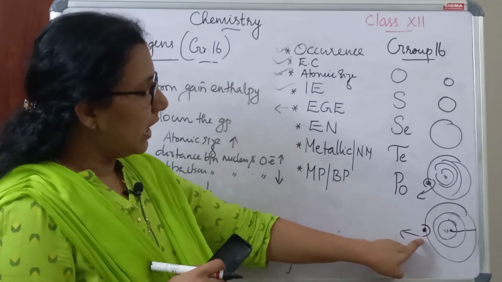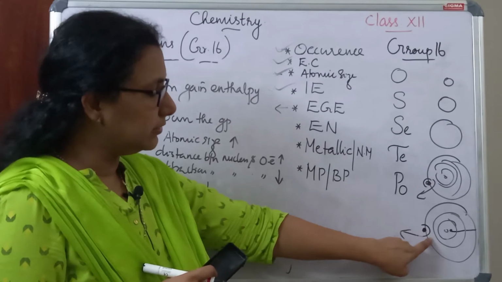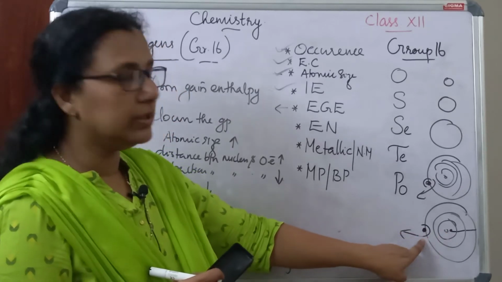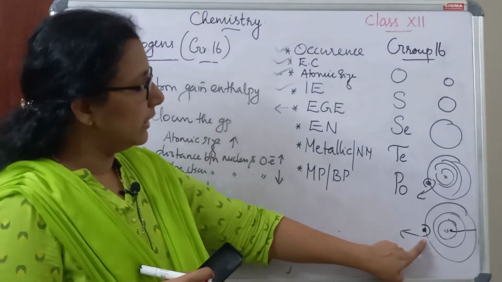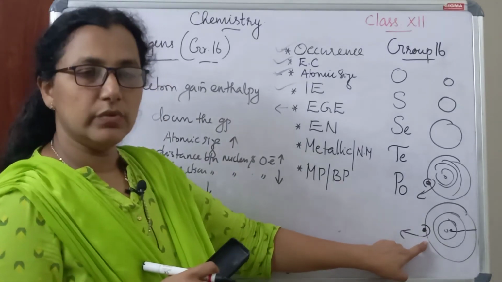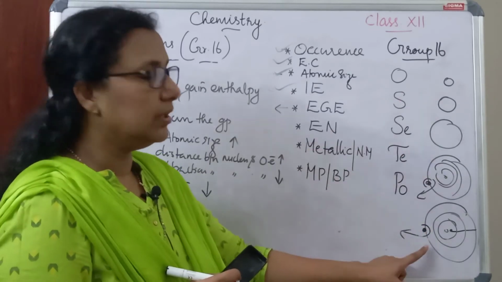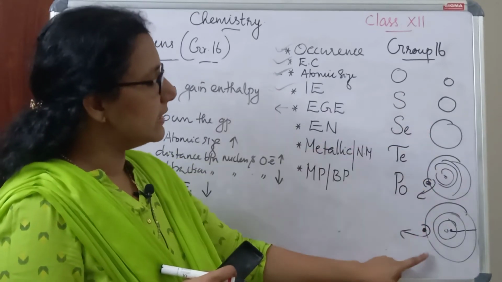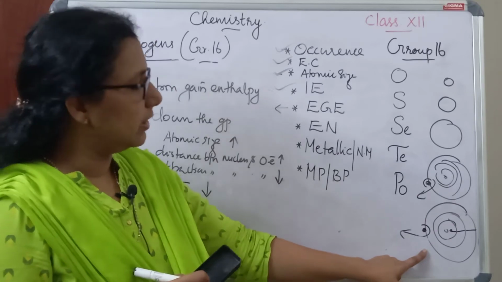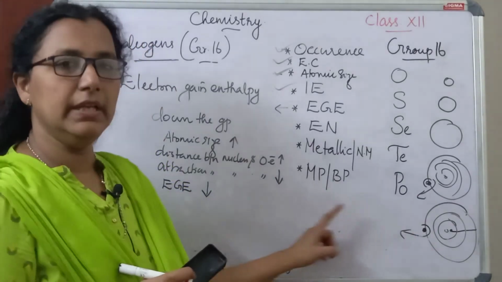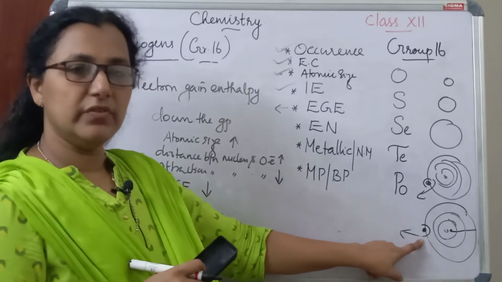If we are adding an electron to the outermost shell, the nucleus cannot hold that electron. That means less energy will be released if we are coming down the group, so the electron gain enthalpy will be less.